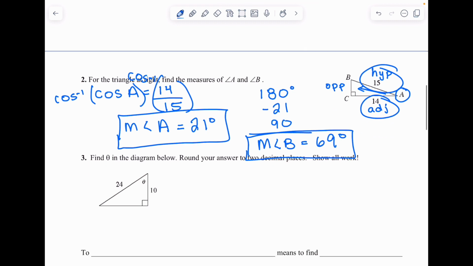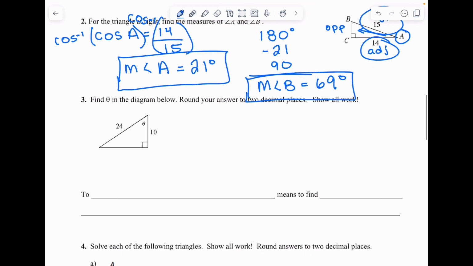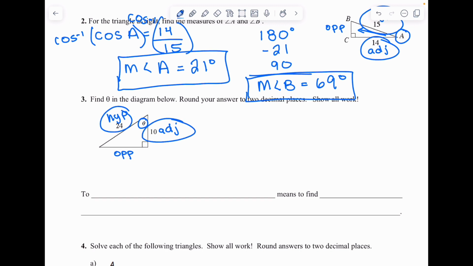Let's try one more. In number 3, this is our angle that's given to us. So I'm going to label my sides from that perspective. I have my hypotenuse, my opposite, and my adjacent. I am given the hypotenuse and adjacent sides, which means cosine. So I would say cosine, and that little symbol there means theta.